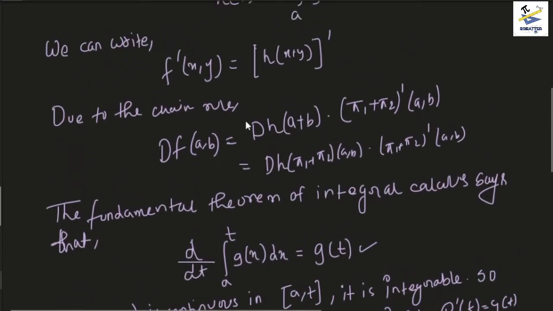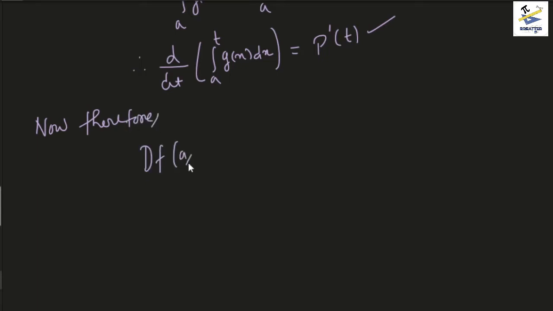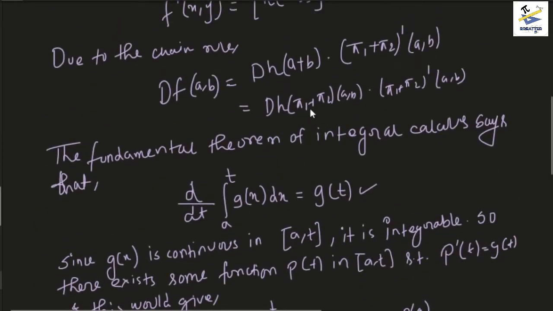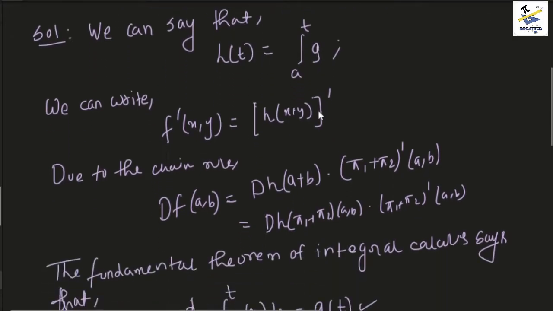Now coming back to our problem, we see that df at (a, b) is basically, now dh at (a, b), as we had pointed out, is g of a plus b, right? So here we had dh of pi 1 plus pi 2, and we understood that the derivative of h of t, the integral, is basically g of t.